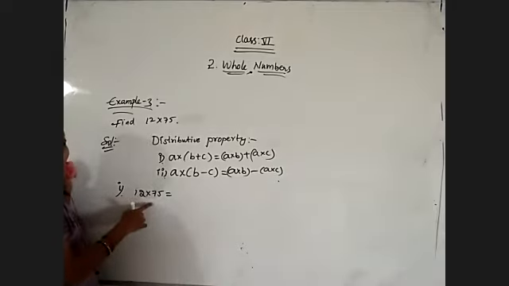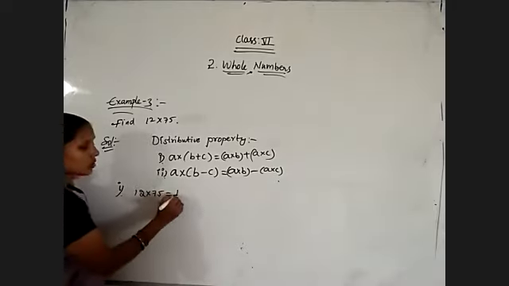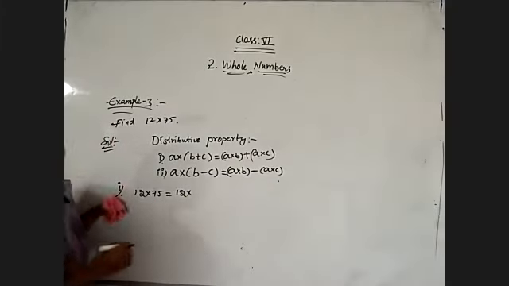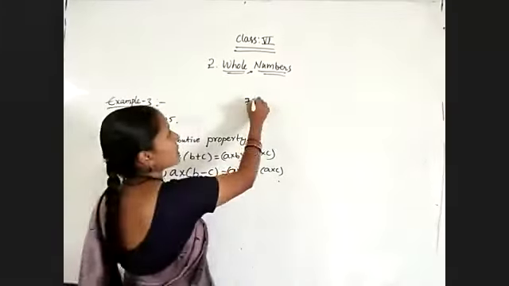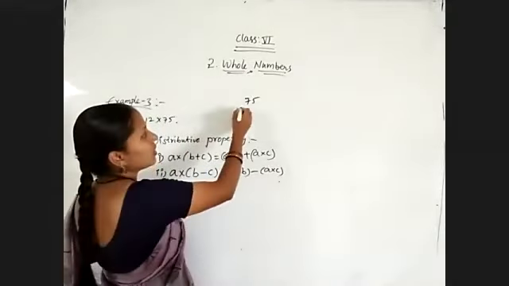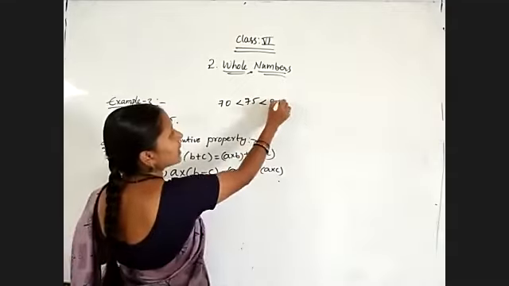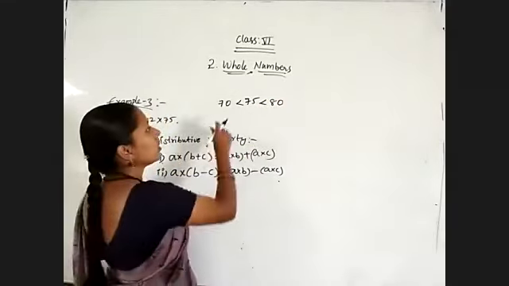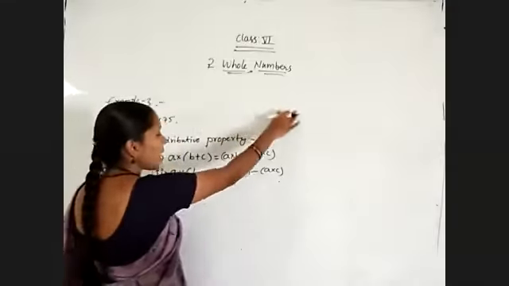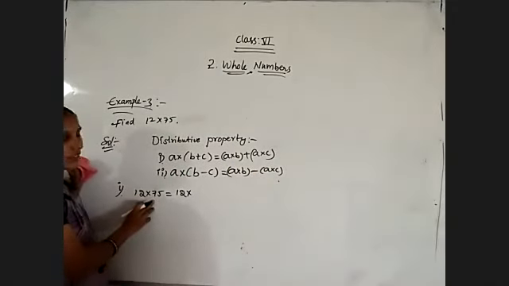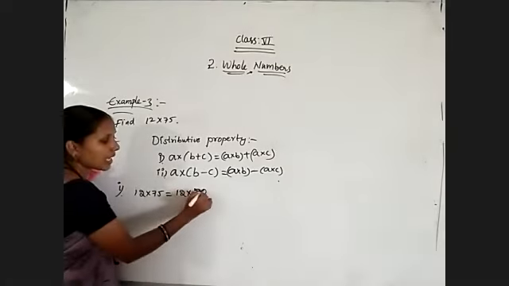Among these two, the greater number is 75. 75 lies between 70 and 80. I want to use plus, so I am using the expanded form of 75: 70 plus 5.